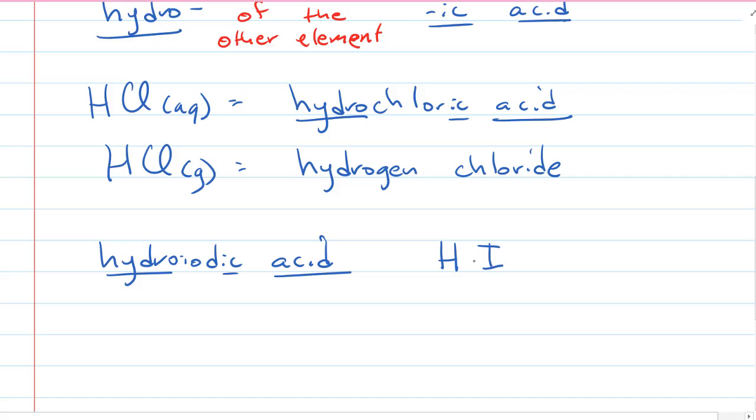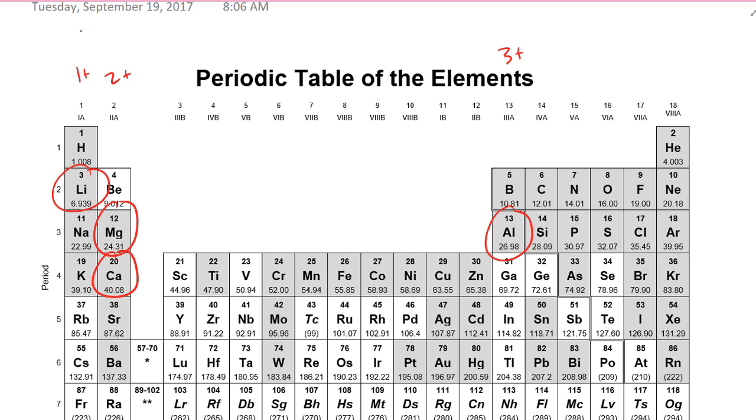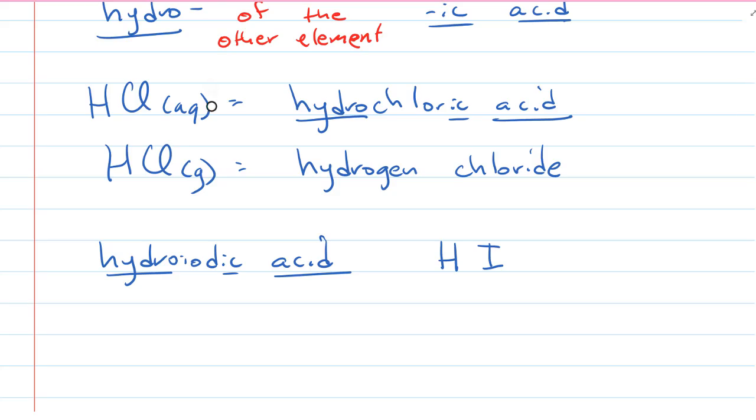Now to write this formula, we need to know charges actually. So we come back to the periodic table. Hydrogen is going to be H with a charge of 1 plus. Iodine is going to be I with a charge of 1 negative. So we have a single positive here and a single negative. What happens? They cancel out, and we simply wind up with HI.